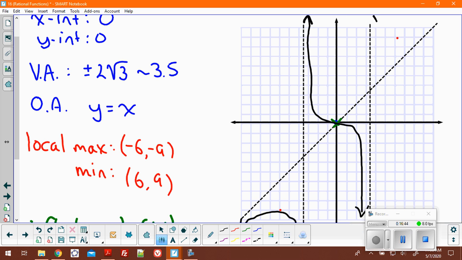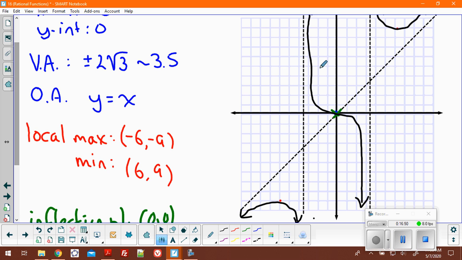From this asymptote it decreases, hits the local minimum, and goes back. So a funny looking function, but that's how it works. Because I knew the function was decreasing all the way through, it had to start up high to be able to decrease through here and continue decreasing through there.